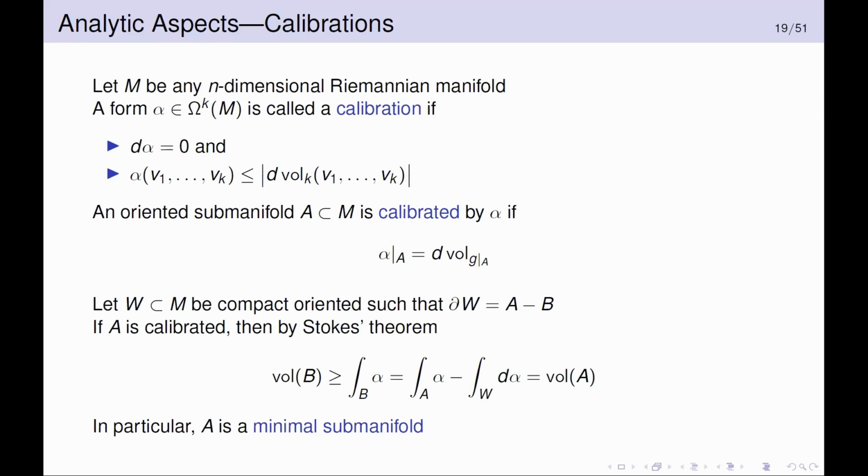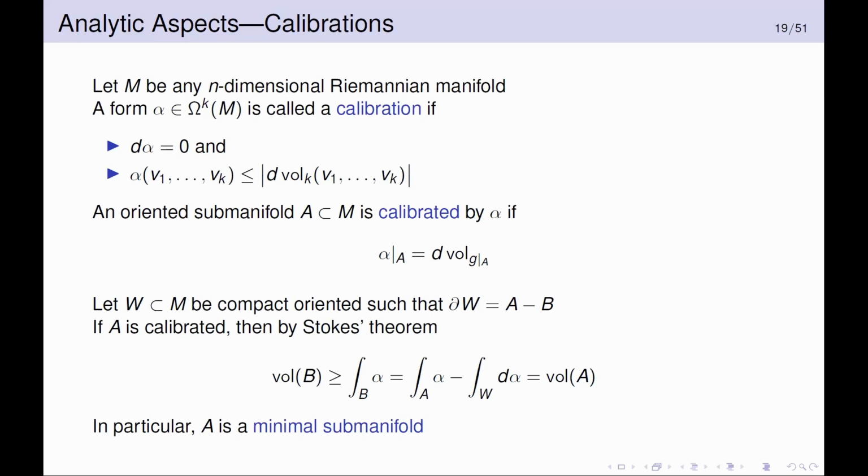And then by Stokes, this is the same as integrating alpha minus the integral of d alpha over W, but d alpha is 0. So you have the integral of alpha over A, but alpha is the volume element. So you see that the volume of B is always larger or equal than the volume of A. Hence, A is a minimal submanifold. And actually, if you ever try to prove that the shortest curve between 2 points in Euclidean space is a line, then you probably have to apply an argument like this. So this shouldn't be entirely unfamiliar.